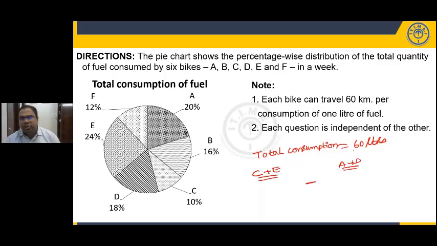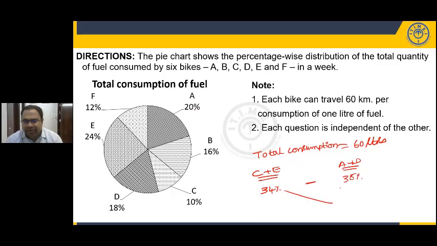Right, I'll explain. Total consumption 60 liters. How will you find the difference in distances? Difference in distance is nothing but difference in consumption of fuel. Consumption of fuel by C and E: 24 plus 10, 34%. A and D, 38%.